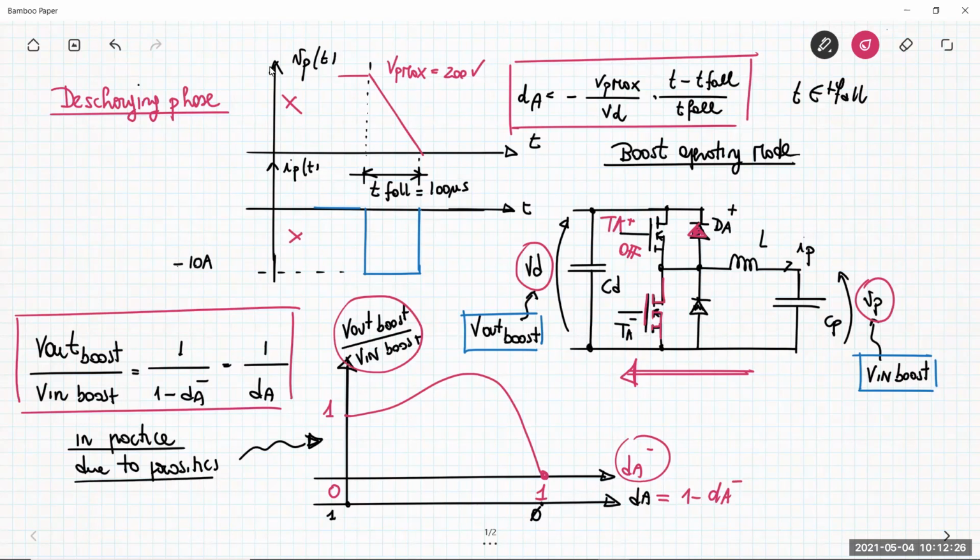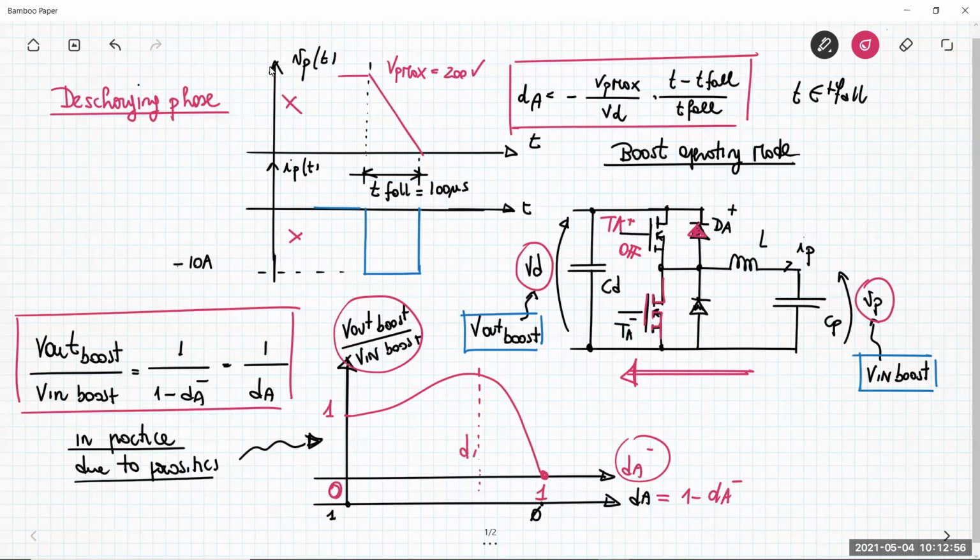But according to this discussion, we can say that you cannot have the boost for the entire duration of the duty cycle from 0 to 1. This is only possible up to a specific maximum value. For example, the boost action can be true from duty cycle 0 to this maximum value.